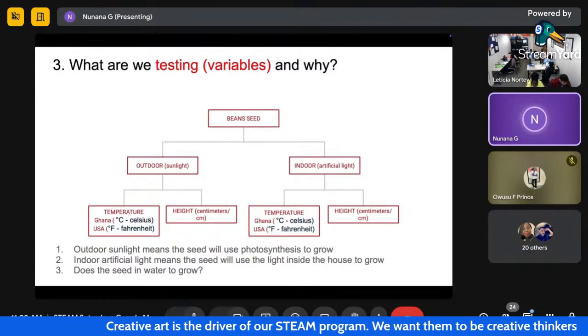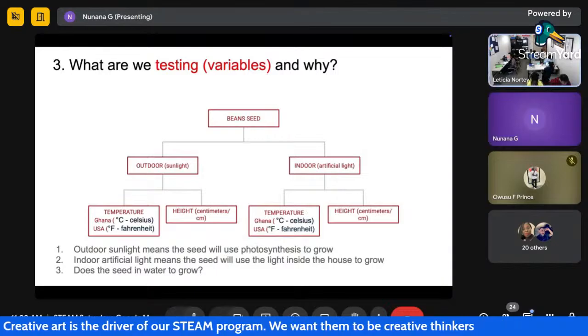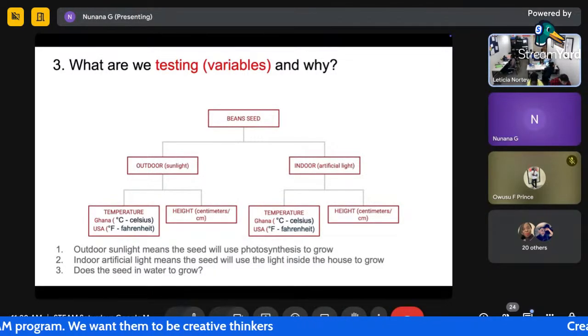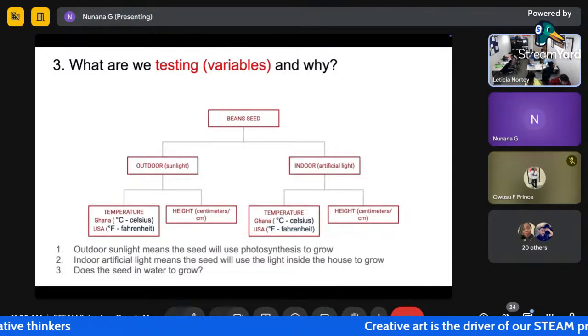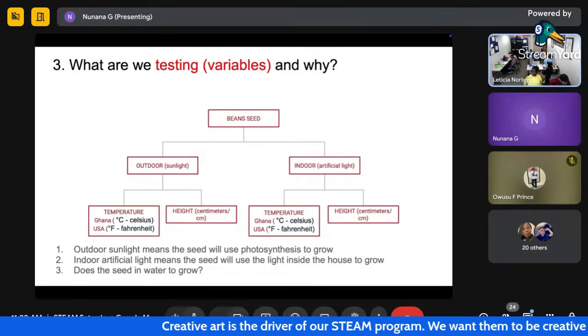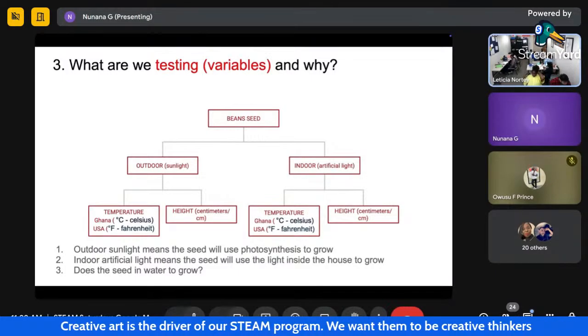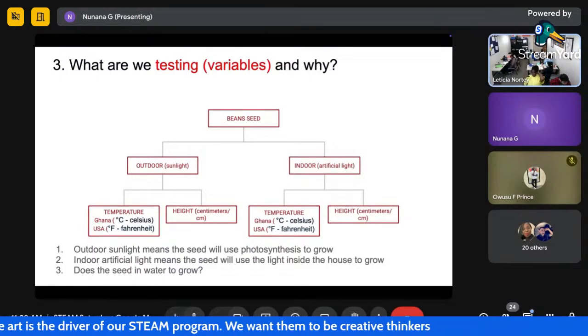Do the groups make sense? Guys, speak up. Yes. Does it make sense to you guys? They said this page doesn't make sense. Okay.